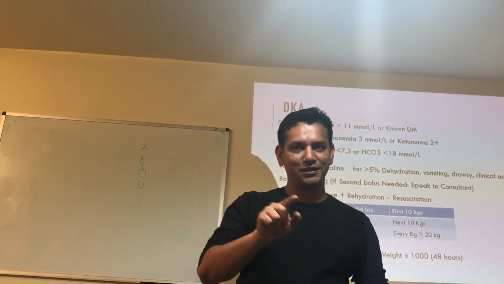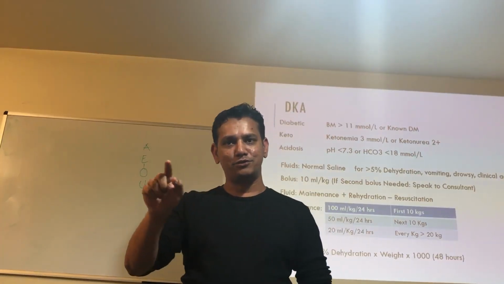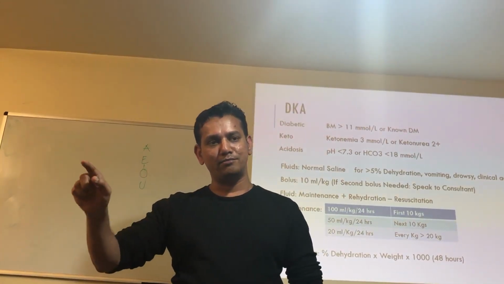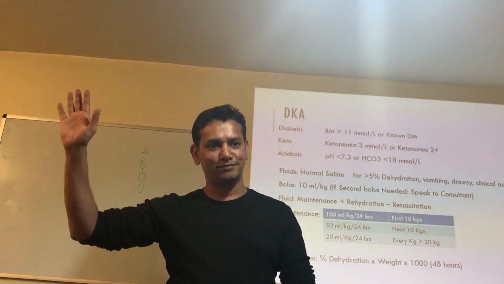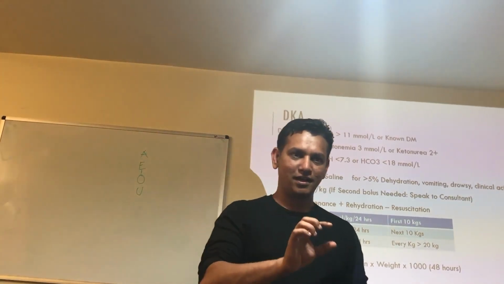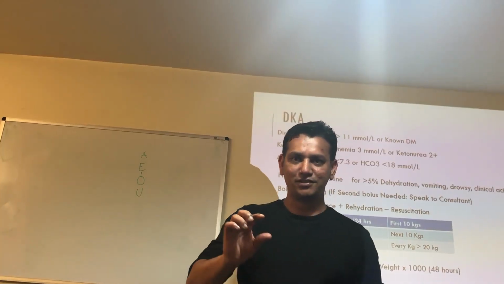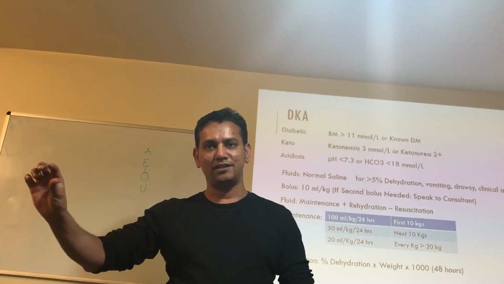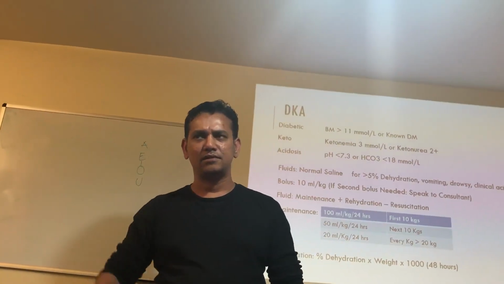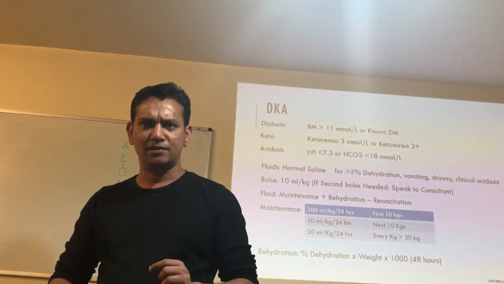Keto: ketones in urine 2+ or in blood greater than or equal to 3 millimoles per liter. Acidosis: pH less than 7.3 or bicarbonate less than 18 millimoles per liter.